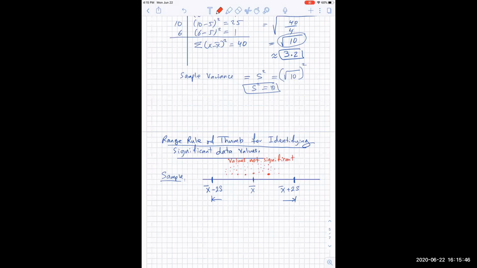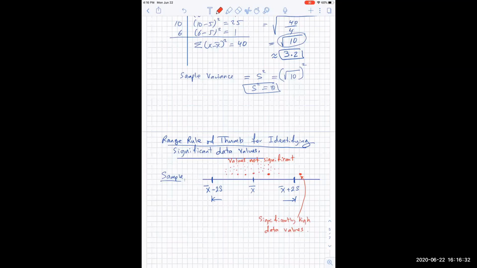Now, if I see a dot point that is more than 2 standard deviations to the right of the mean, then this is considered a significantly high data value, because it is more than 2 standard deviations away from the center of the sample.